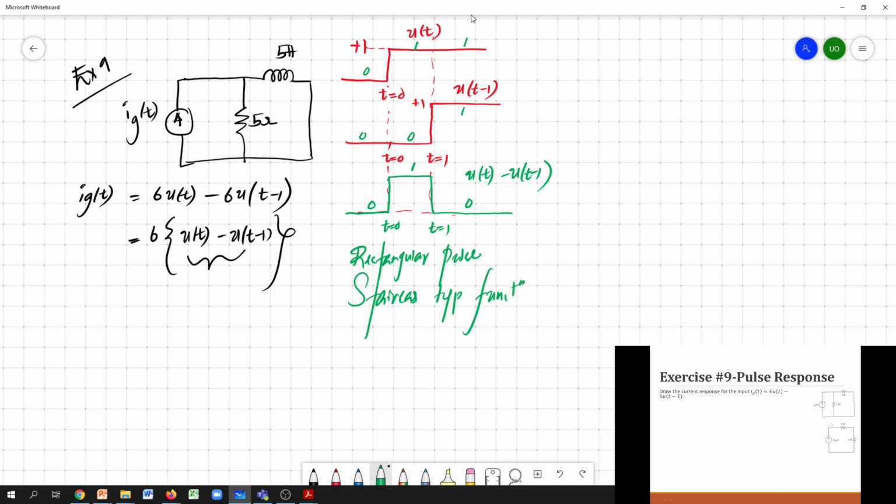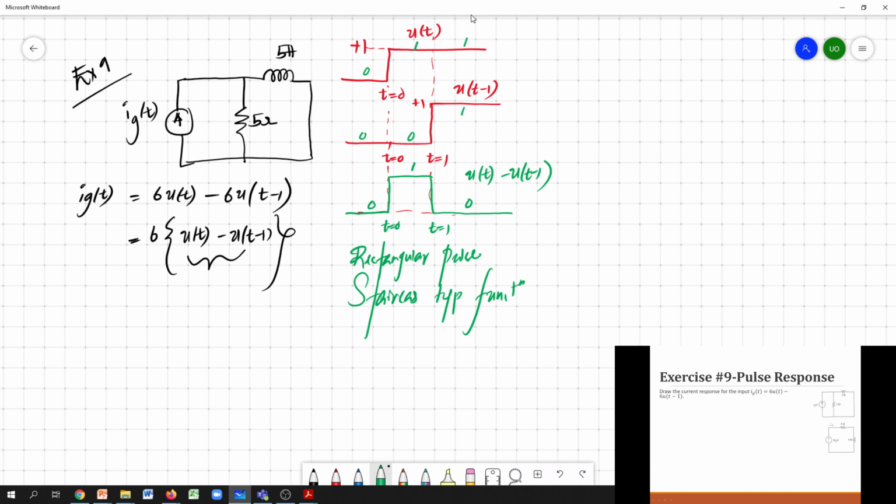You can see a couple of examples in the previous slide. How do you obtain a staircase function as a function of unit steps? It's basically a combination of unit steps, shifted versions of unit steps, or scaled up or down versions.